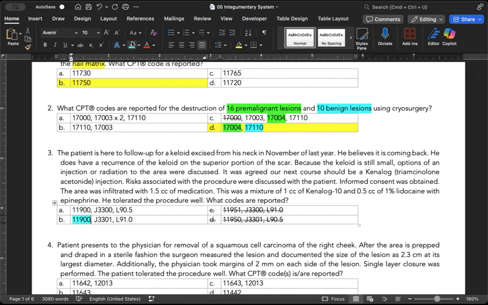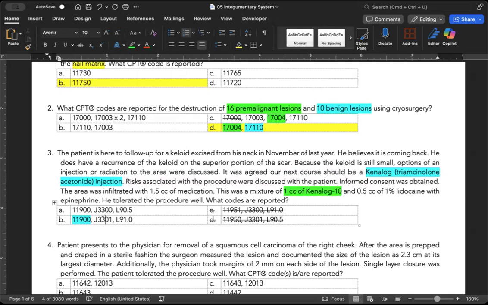Hang on. Sorry, I forgot to highlight things. We should use the J3301 because they did not specify that it was preservative free. And we did 1 cc.